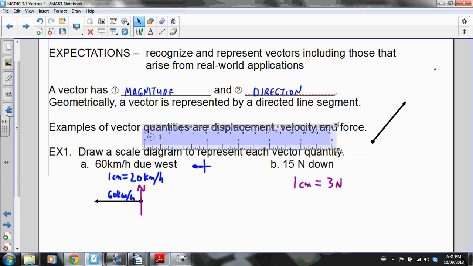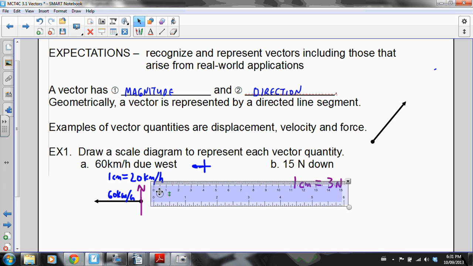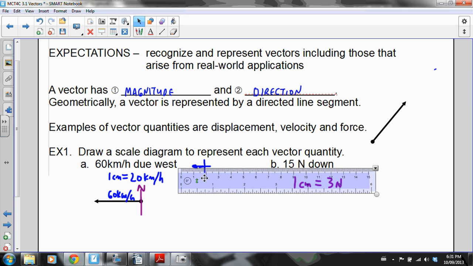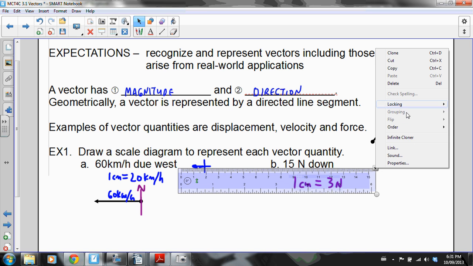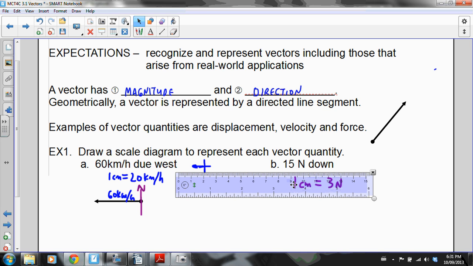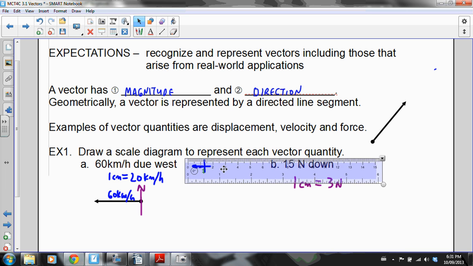That makes it bigger and smaller. Let's see if I can turn this thing. Can I rotate it here? There, unlock. Huh. Maybe I can't rotate it.